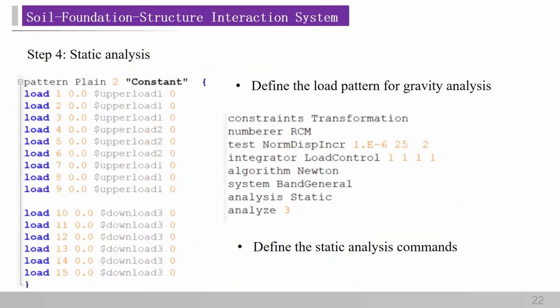And after we build the structure of the frame, the soil, and the interaction between the pile and the soil, we can perform the static analysis at first. We have just said we want to apply the gravity load to the SSI system. And here we defined a load pattern tagged 2, and the type of the load is constant, which means that the gravity load is applied on the SSI system all the time, including the static analysis and dynamic analysis.